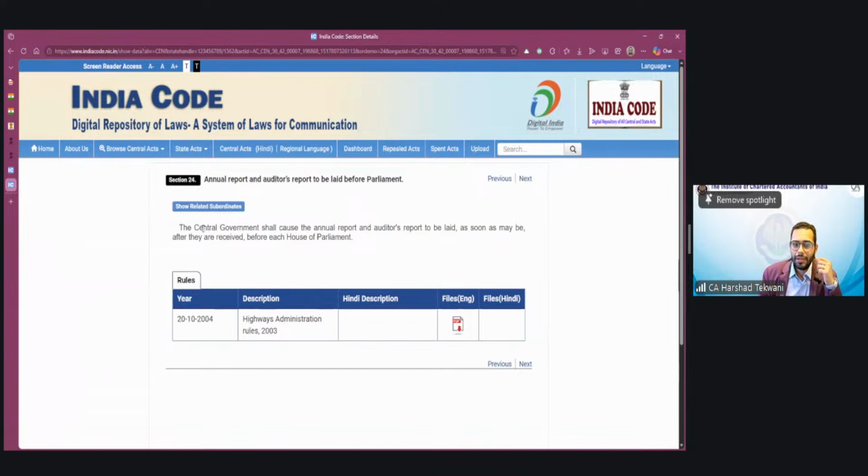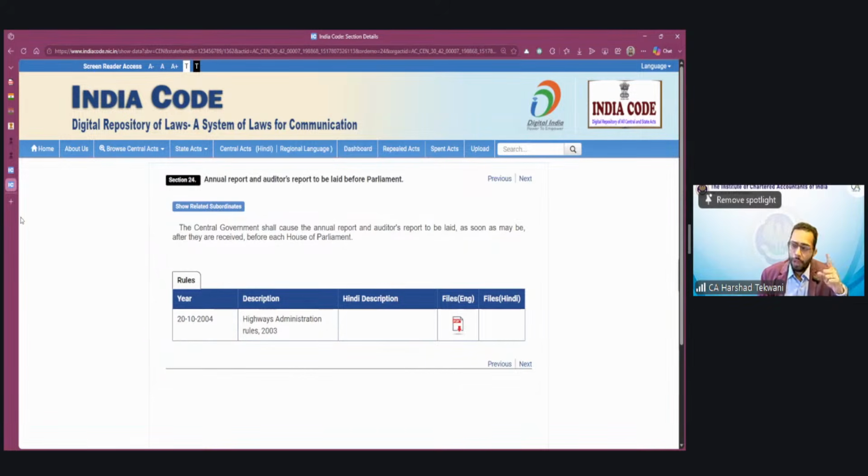Section 24 of the NHAI Act says, just as an example, that the annual report and the auditor's report are to be laid, as soon as may be after they are received, before each House of Parliament. So it is for the House of Parliament. Okay, so you can say Parliament, or the public at large. Through the Parliament, the public at large will be the intended users of these reports.